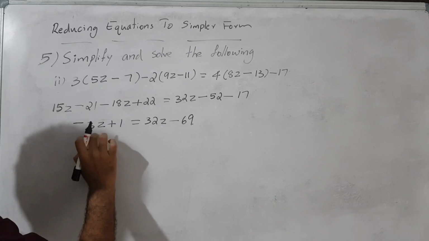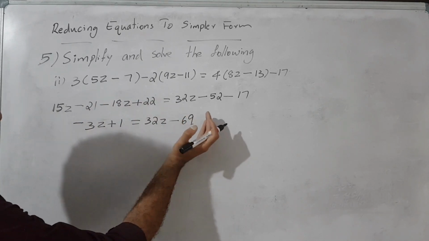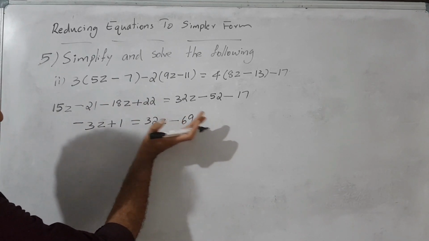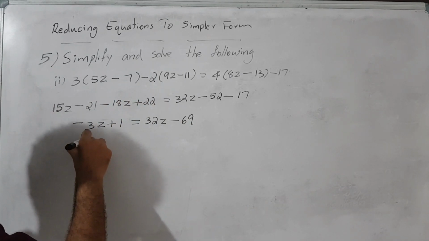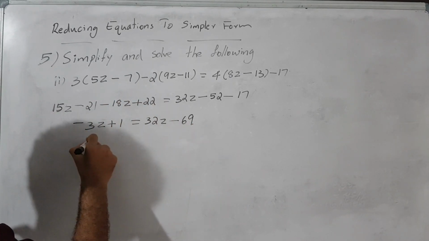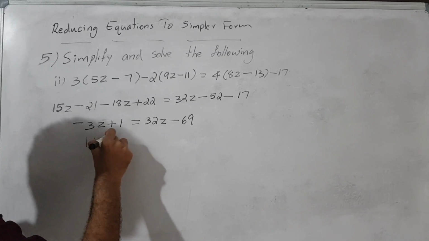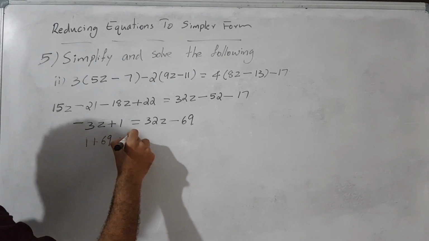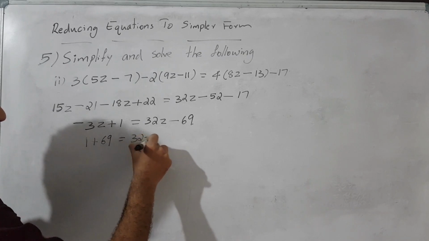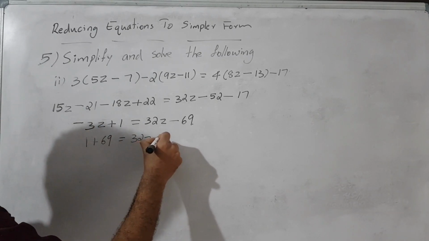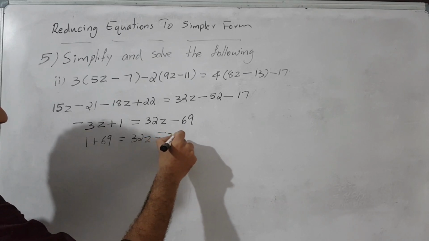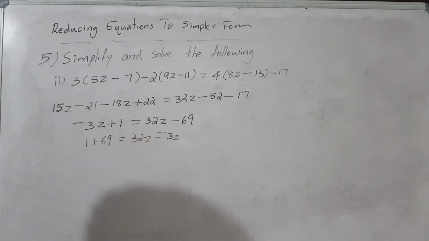If I transpose minus 3z to the side of 32z, we need to transpose minus 69 to the side of 1. So 1 plus 69 is equal to 32z, then it's a plus, we are adding here, 3z. Correct.